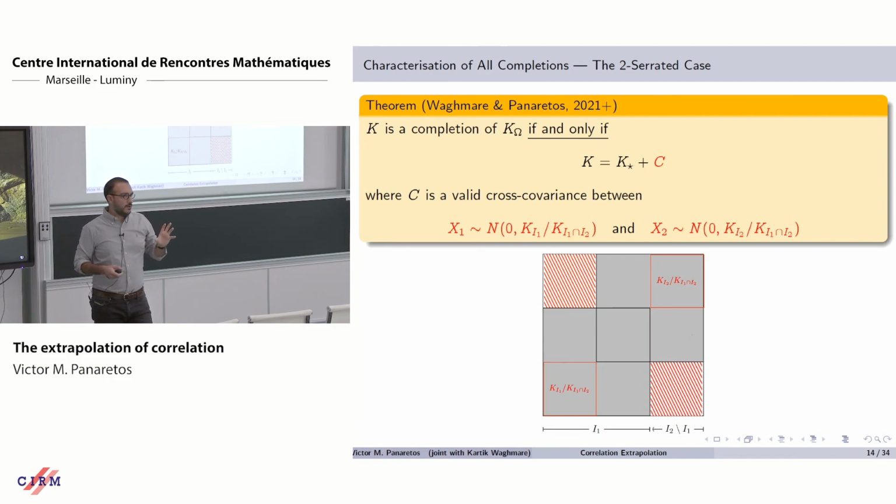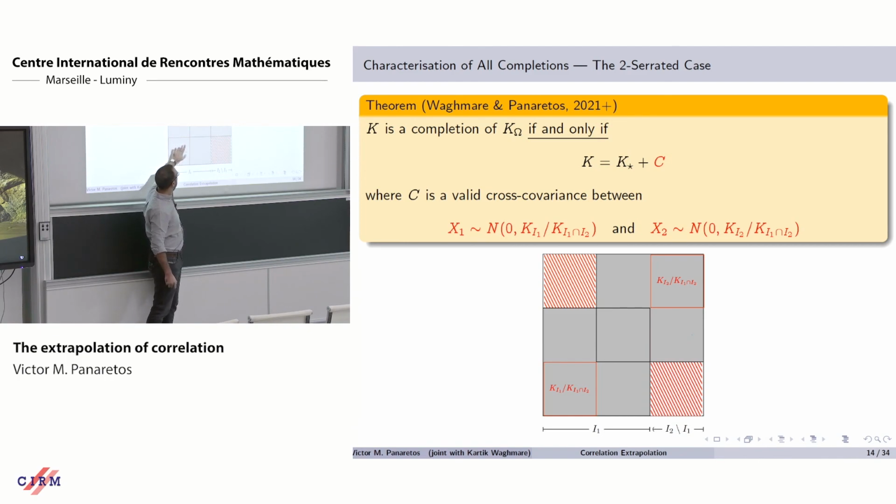Okay? Which cross-covariance operators are valid? Any cross-covariance operator that can be assigned to a process x1 and a process x2 that marginally have as covariance operators the restriction of K omega to this subsquare and that subsquare respectively. What are those subsquares?